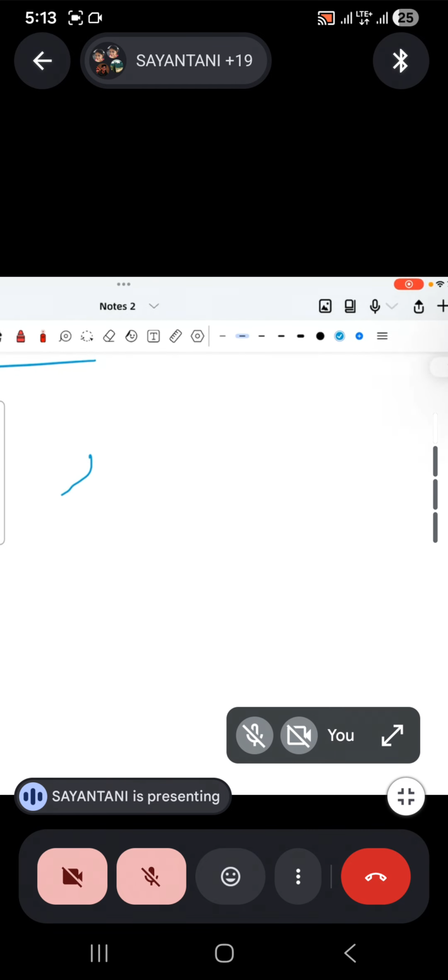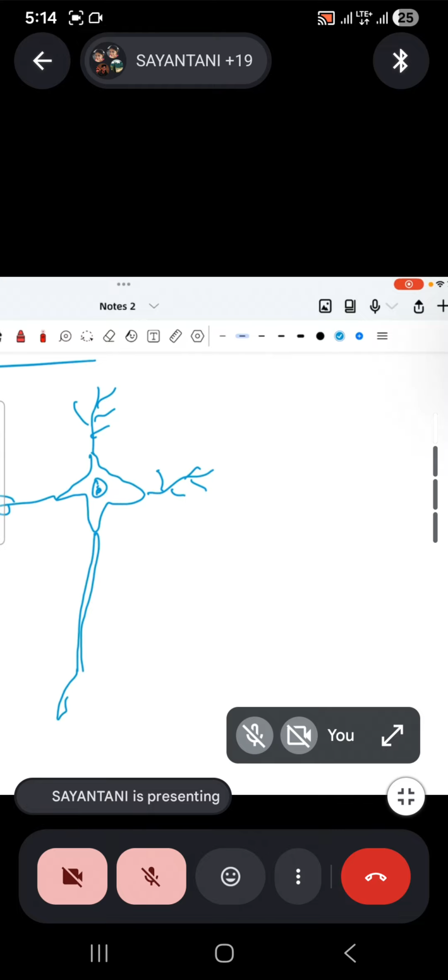Now, if you remember the structure of a biological neuron, just for revision, I'm going to draw it again. You had the cell body, these are your dendrites, and this is your axon, right?